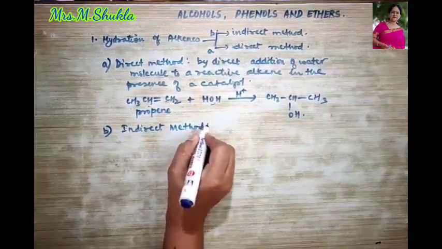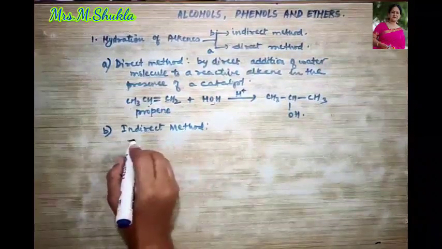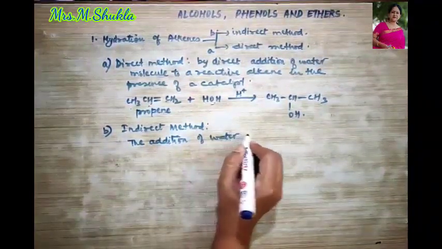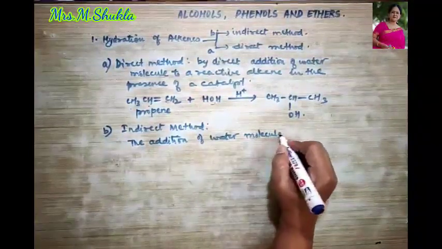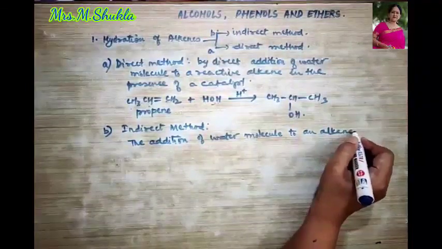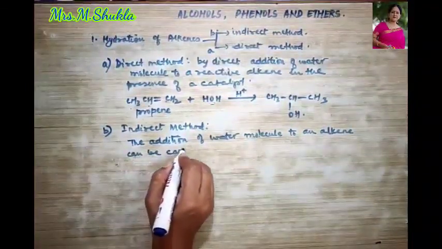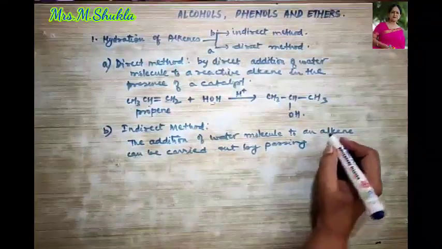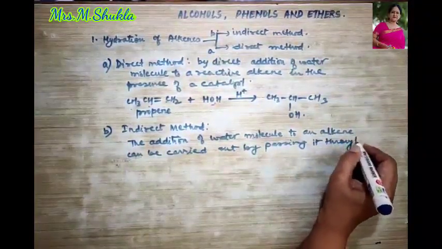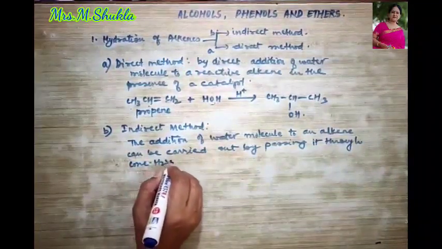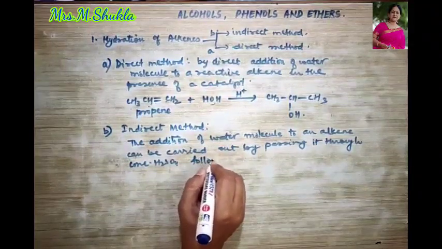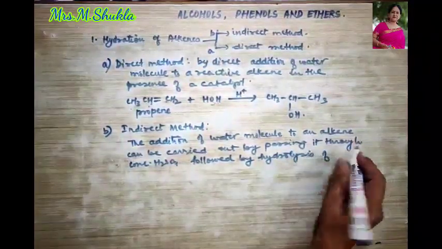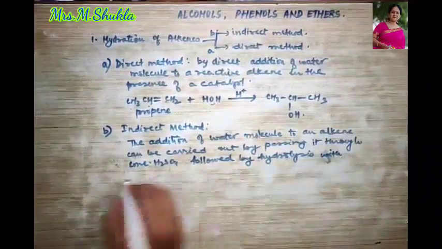Now let us see the indirect method. In the indirect method, what do we study? That the addition of a water molecule to an alkene can be carried out by first passing it through concentrated sulfuric acid, followed by hydrolysis with boiling water.